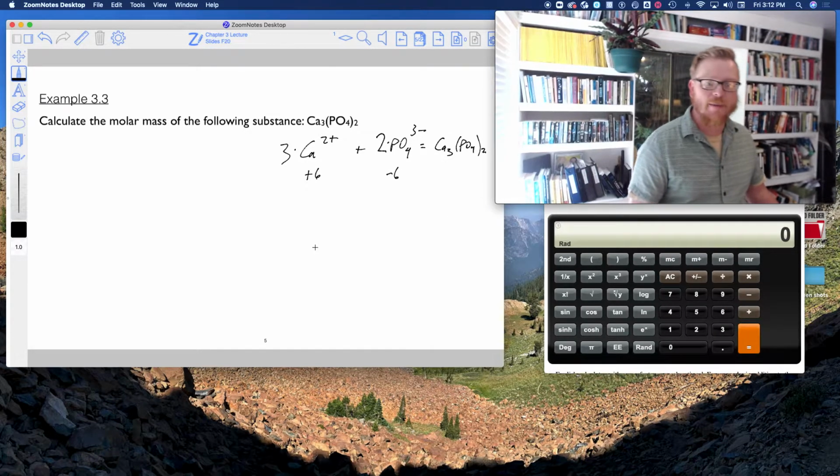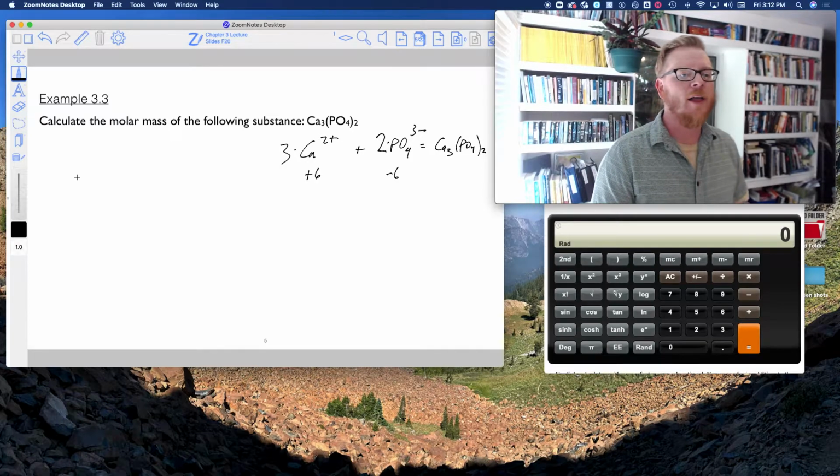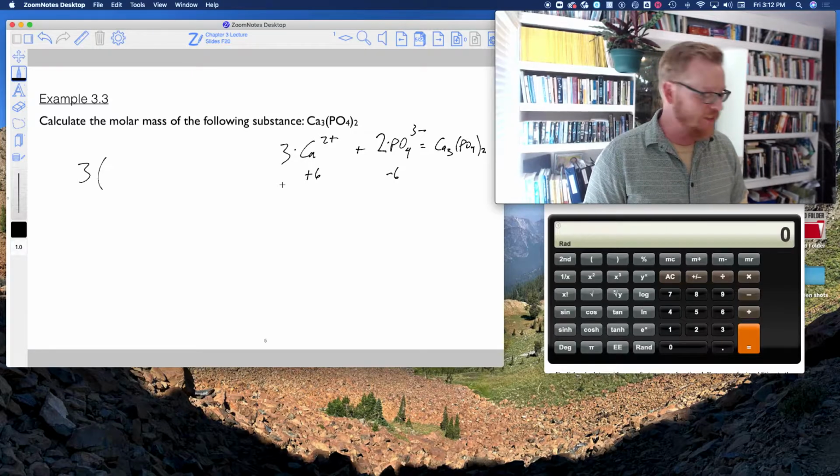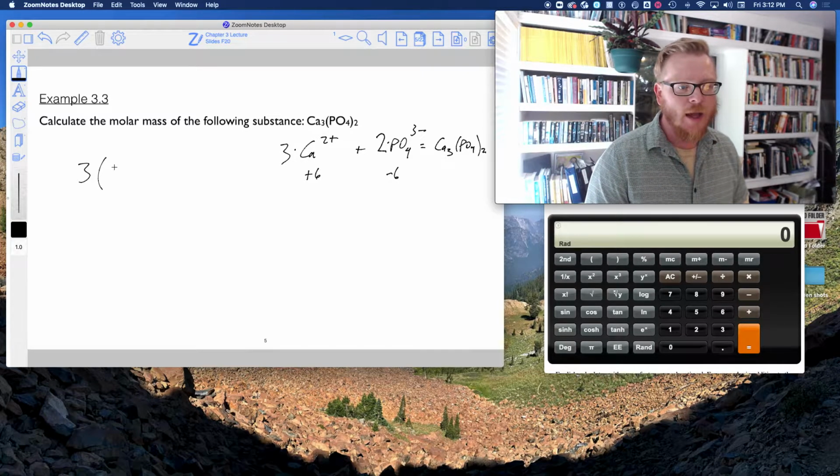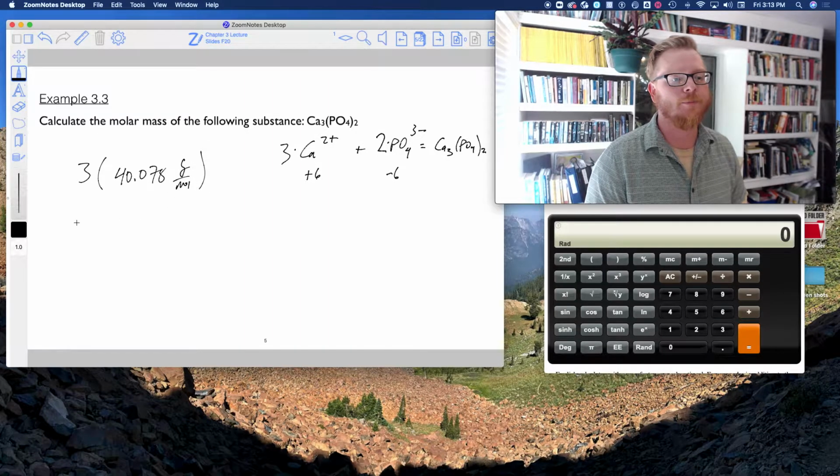So now how do we calculate the mass of this? Well, I know that I need 3 times the mass of calcium. When I look up the mass of calcium on the table, I get the average mass, right? 40.078 grams in 1 mole, okay?